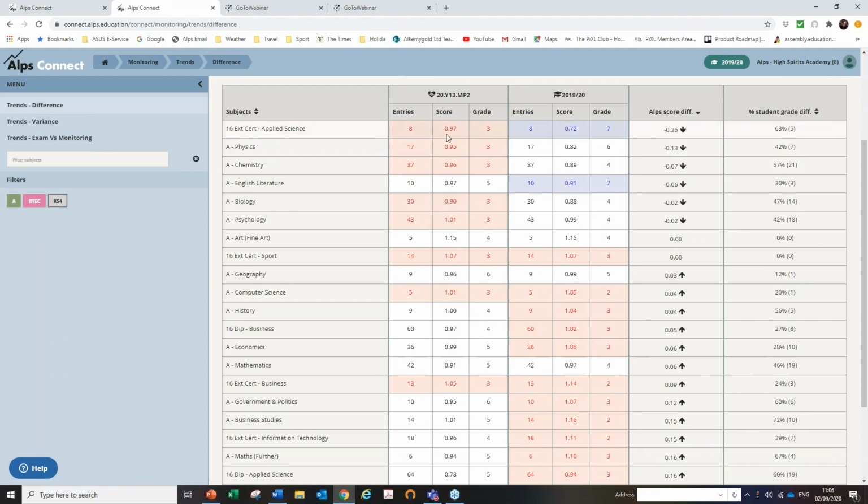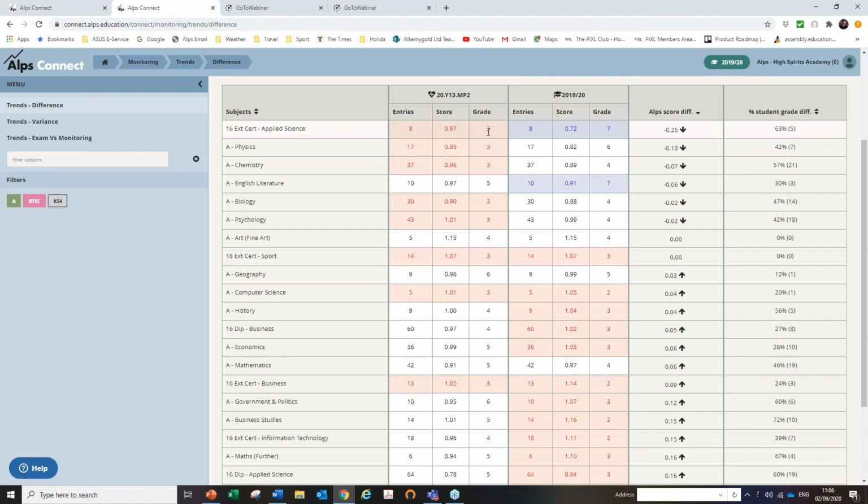So applied science, for example, dropped at the end from saying we think the students are going to be red hot, which of course in 2019 they were not.